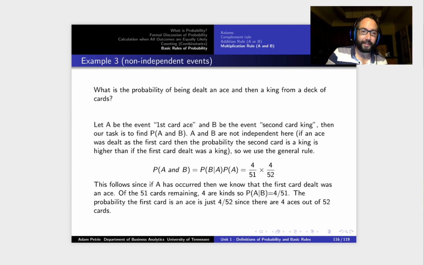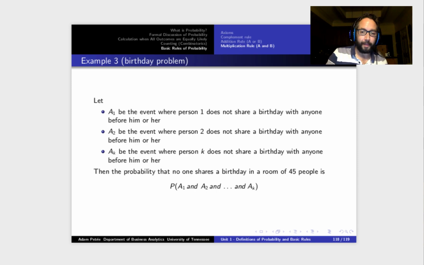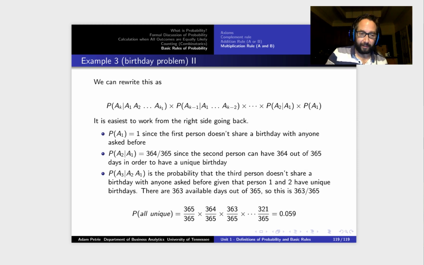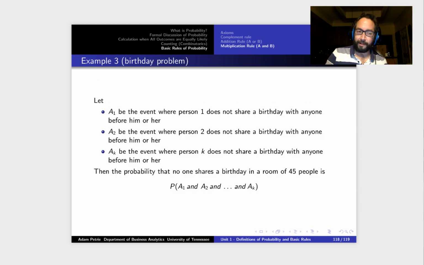So we'll revisit this at a later time. And I think the last remaining slides are just discussing the birthday problem and using the multiplication rule. Pretty long, pretty in-depth. Knock yourself out if that's kind of your thing.